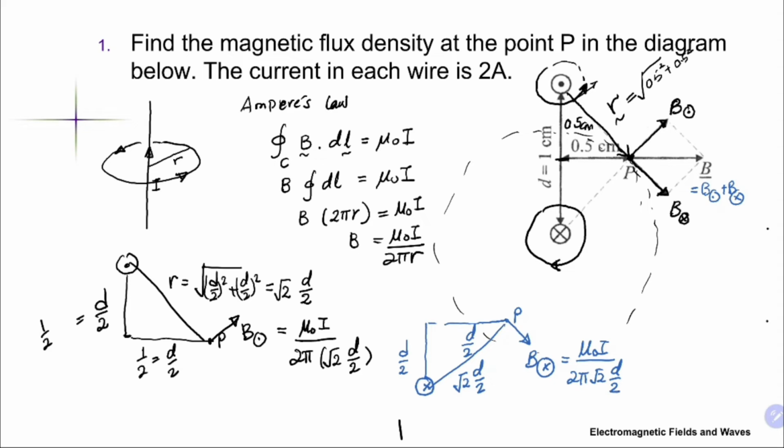Okay, so we can put the two together. We're at point P. We have one field going in this direction, which is our B cross, equal to mu naught I over 2 pi root 2 d over 2.